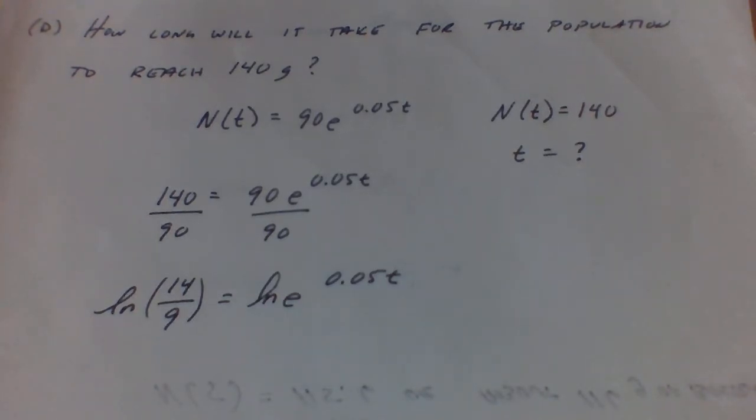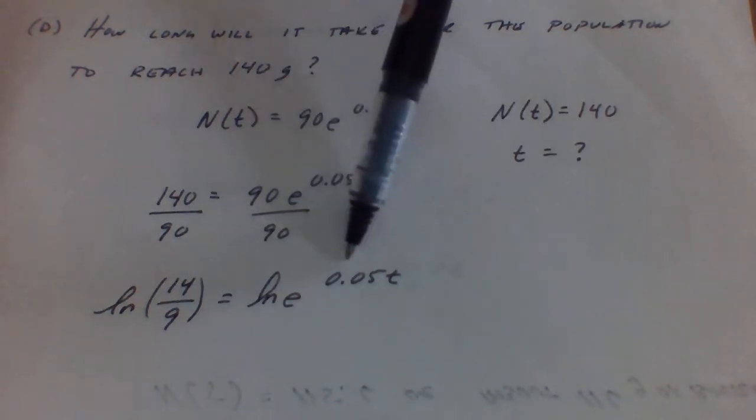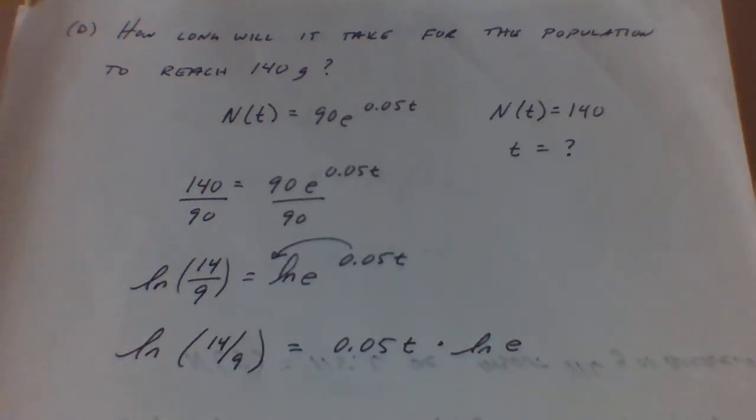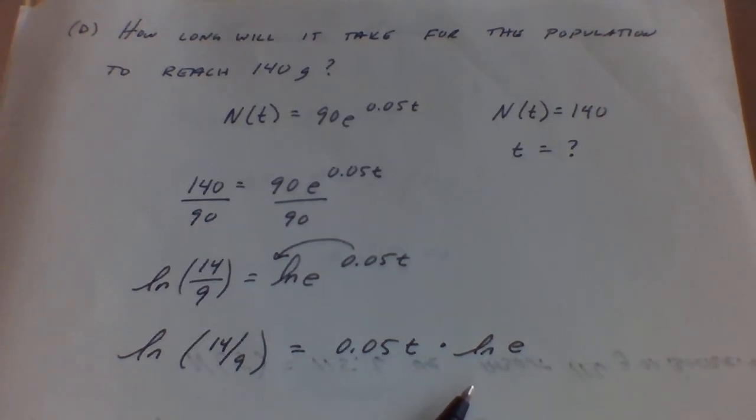Now, when we do that, we can go ahead and use our properties to simplify this right-hand side. Our exponent is going to be able to come down in front and make that right-hand side into a multiplication step. Now, let's go ahead and simplify this natural log of e. Recall, natural log of e can be simplified to a 1.